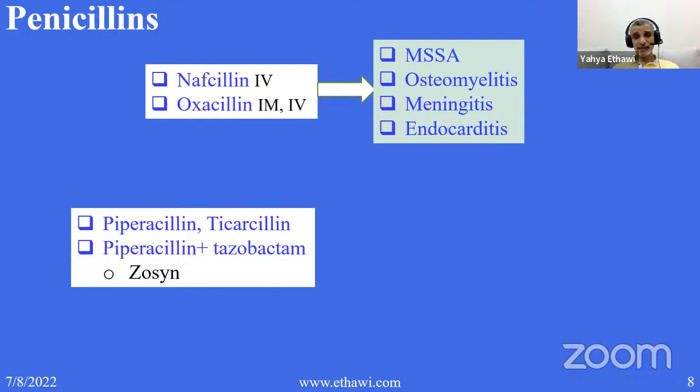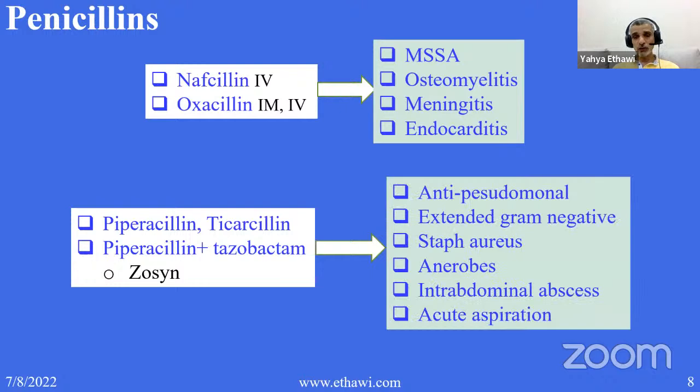Piperacillin, ticarcillin, or piperacillin with tazobactam, such as Zosyn, are very good, active against Pseudomonas. They're also extended to gram-negatives. They're active against Staph aureus, MSSA and MRSA, and against anaerobes.